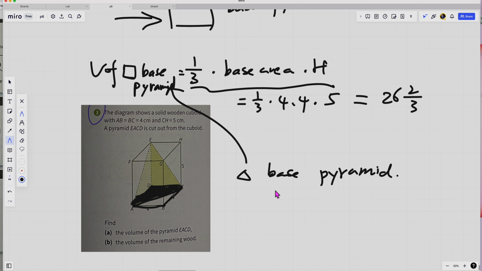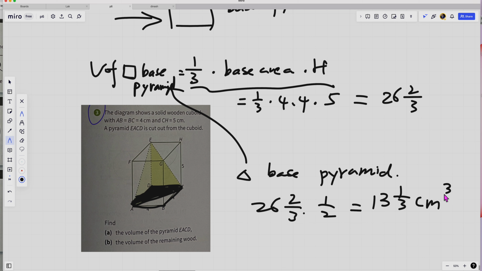So the triangle base pyramid in this case is only half of the square base pyramid. Therefore you take 26 2/3 times half, and you will get 13 and 1/3, right? That's why I asked you to note down. Of course, the unit is cm cube.